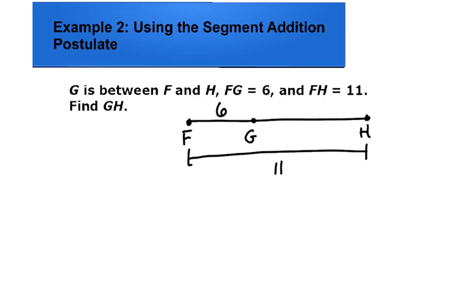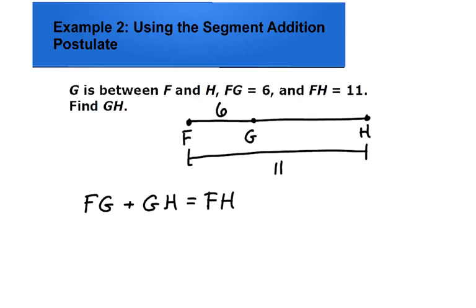By our segment addition postulate, FG plus GH is equal to FH.